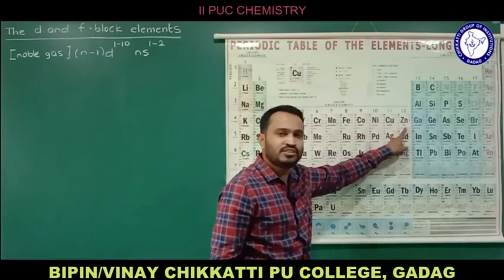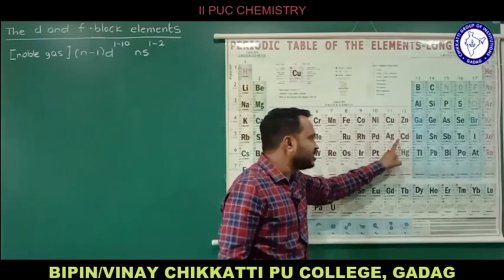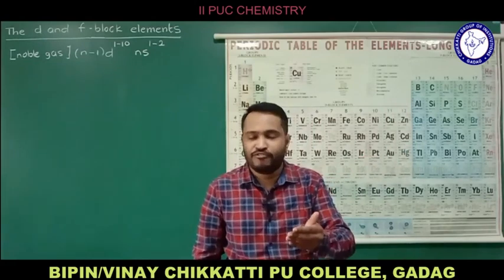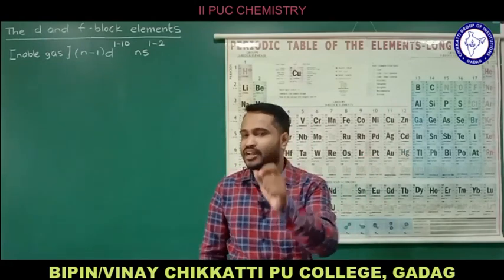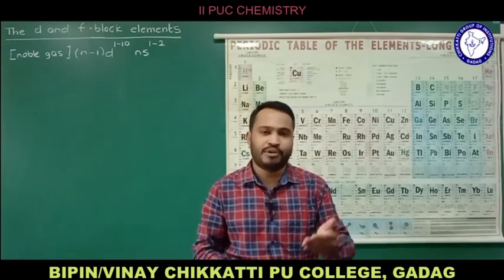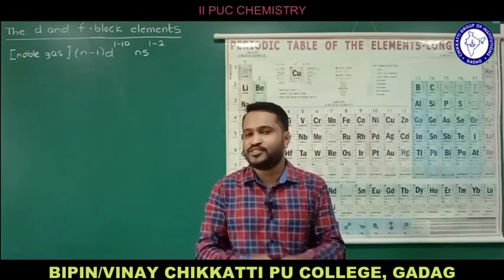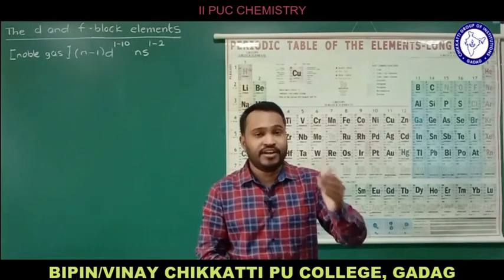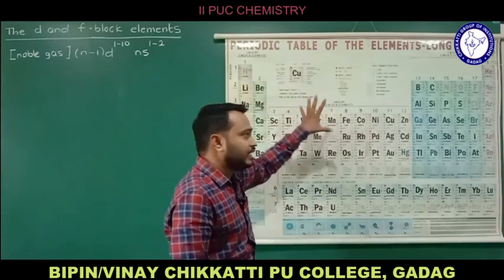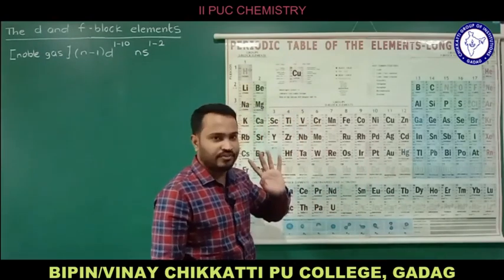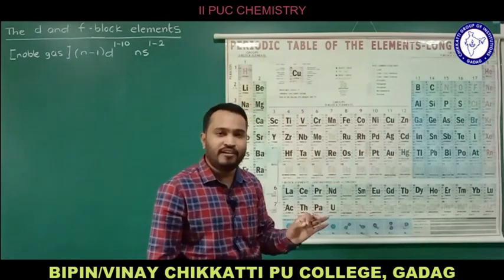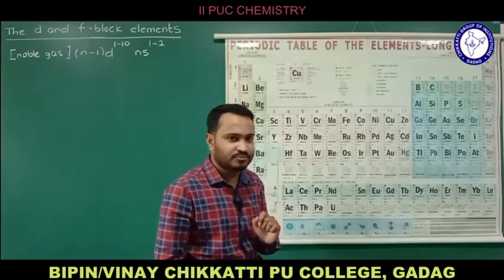Similarly, cadmium and mercury have some properties similar to those of transition elements. Since some properties of zinc, cadmium and mercury are similar to other transition elements, even though they have completely filled d atomic orbitals, we placed them among the transition elements. Try to know about that. So zinc, cadmium and mercury have completely filled d atomic orbitals.